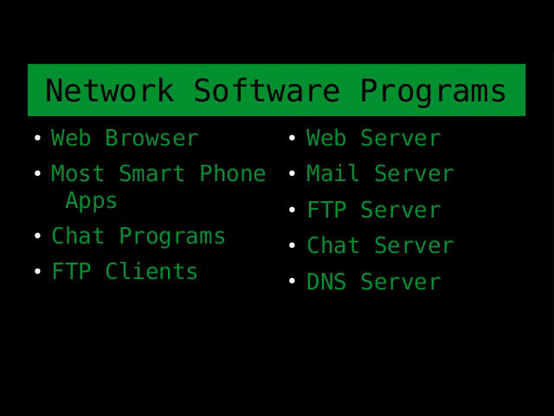Anything which is, the stuff that you set, you run it, you don't really worry about it, you configure it and you leave it, it's probably a server. So these are the different network software programs.